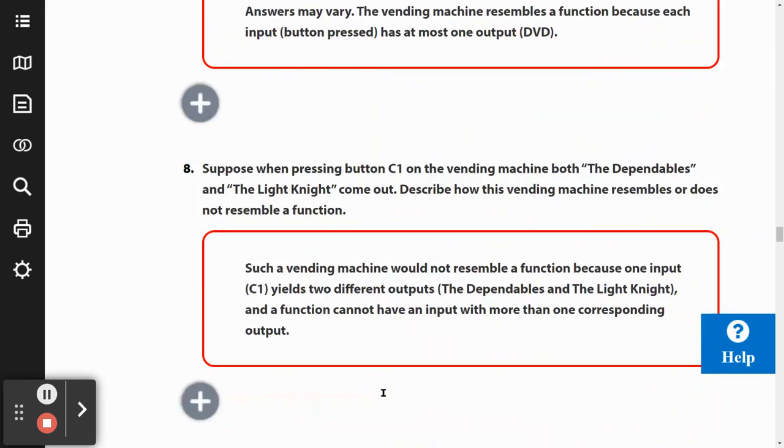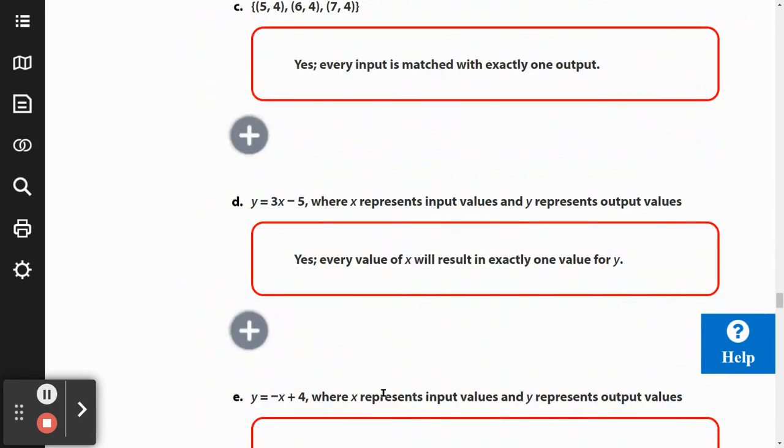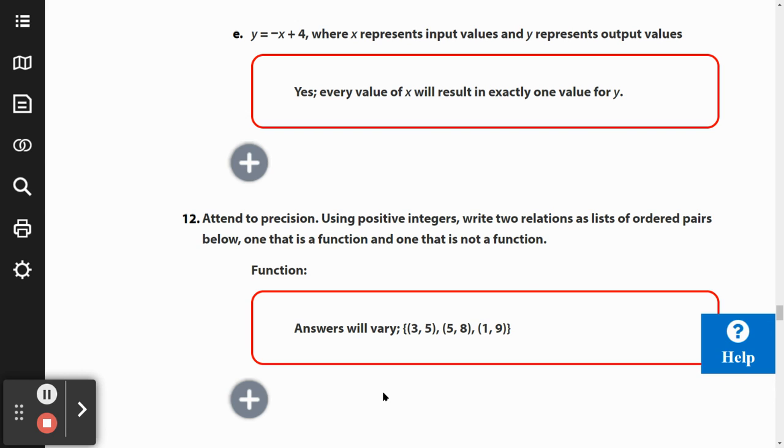So here we go. Let's go to number 12. Using positive integers, write two relations as ordered pairs below, one that is a function, one that is not a function. We said before, in order for it to be a function, the x values have to be not the same.